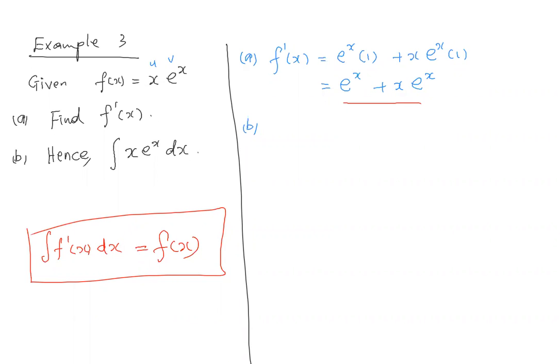The first step, if you are able to write this step down in the exam, whatever you get in part A, you integrate. Okay, you integrate, this is your f prime x, you'll get back your f(x). Your f(x) is this one. In the exam, you'll get 1 mark.